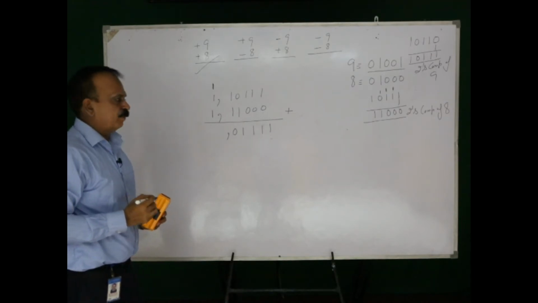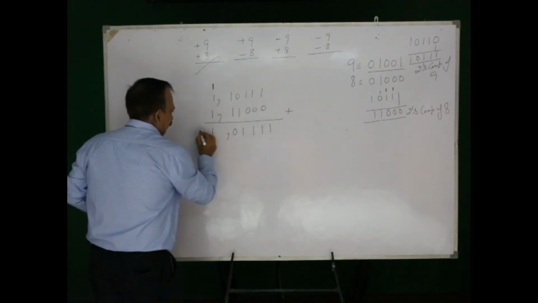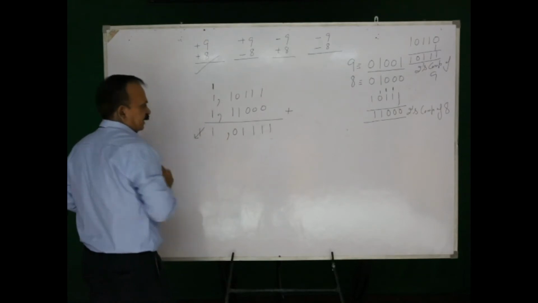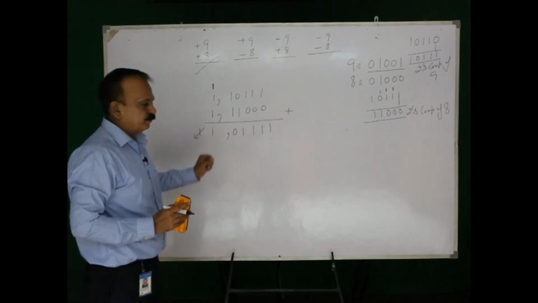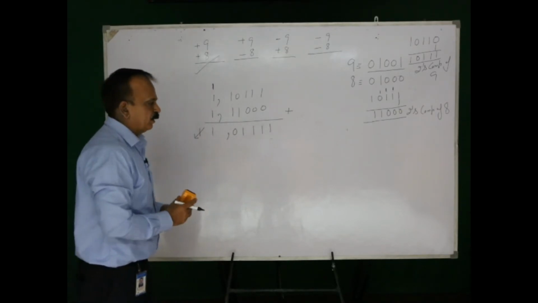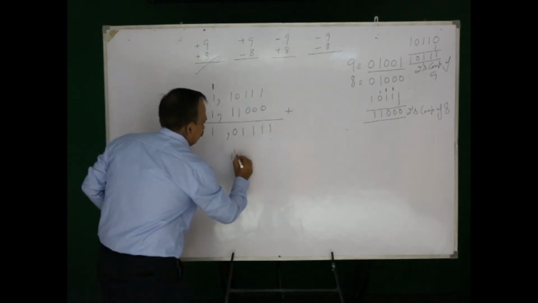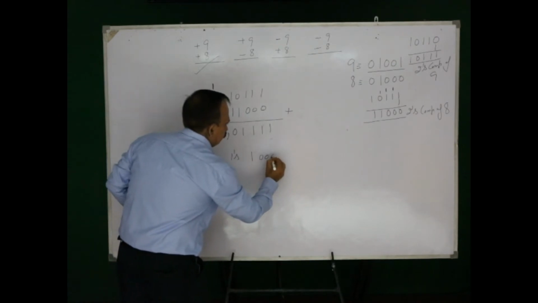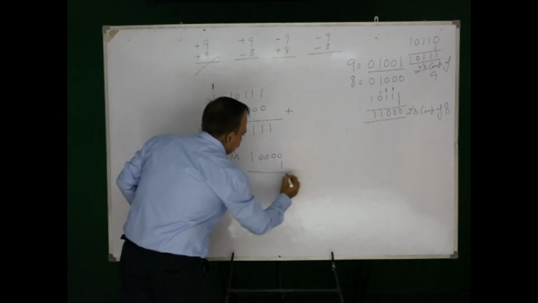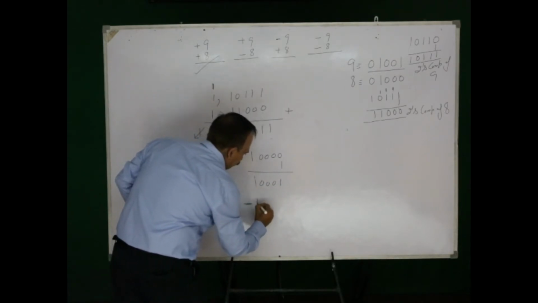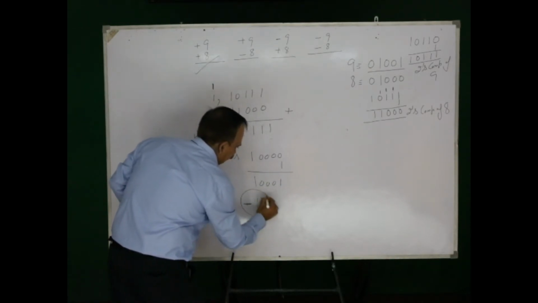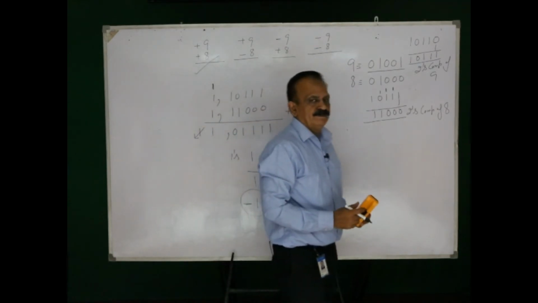Now this one is neglected. Now this one is the negative indication and the 2's complement of this. So first the 1's complement, it is 1 0 0 0 0, and 1 is added, it is 1 0 0 0 1. The number is going to be minus 17 as expected.